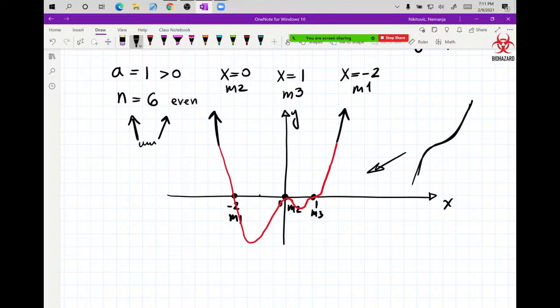The M3 pass. The M1 pass is just straight through. M1 pass goes like this. M3 pass has the little squiggle like x cubed. And that's what we have.